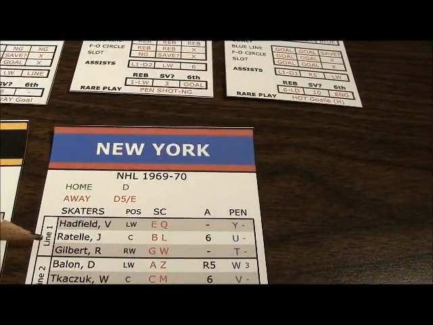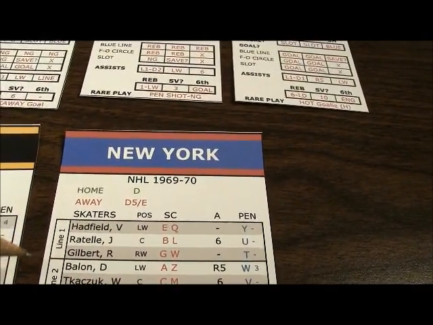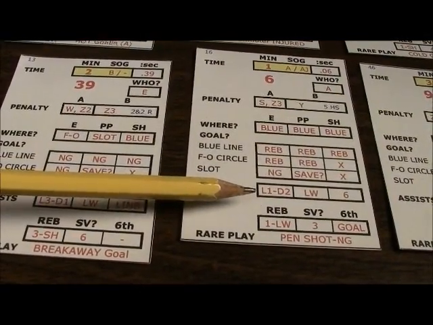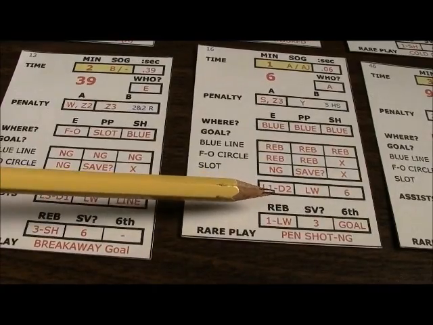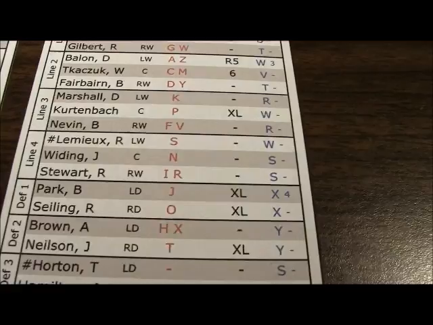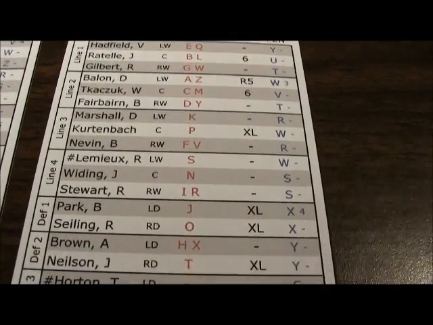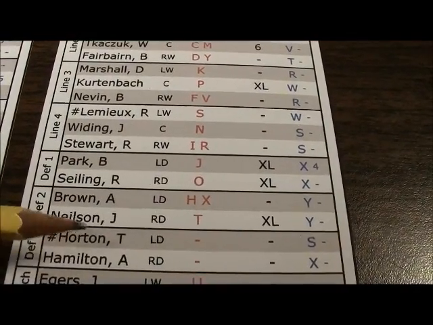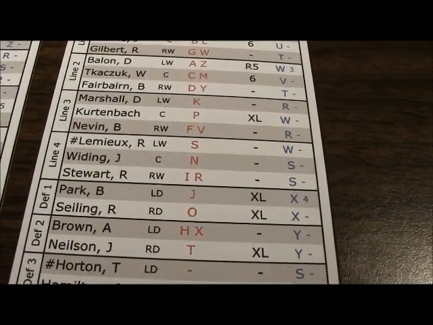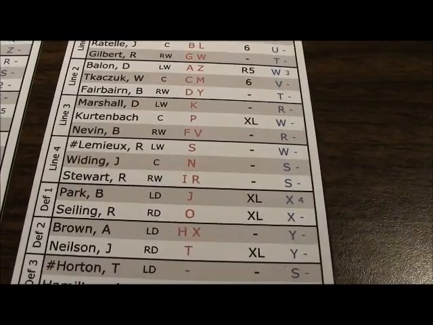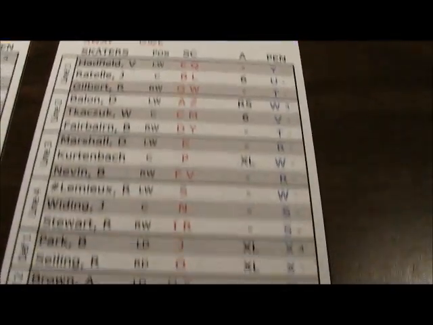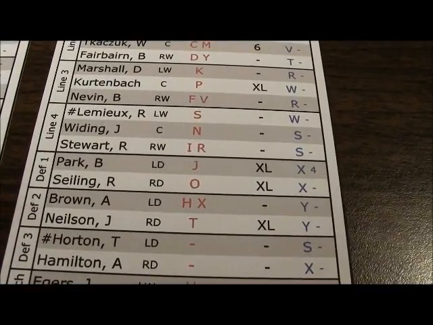So when you flip an action card for the assist, you don't need to look at the forward reading because you already know which line is on the ice. What you will refer to is the defensive pair to find out which defenders were on the ice with him. And in the case of the card we just looked at, it would be defensive pair 2, and that would be Arnie Brown and Jim Neilson. So for purposes of assigning the assist, those are the 5 players on the ice for that goal. Line 1, defensive pair 2.